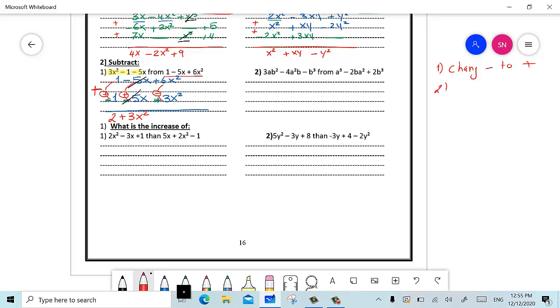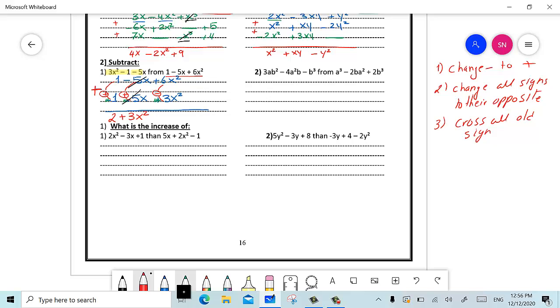And step number 2 I do is change all signs to their opposite. After I change all signs to opposite, number 3, cross all old signs. Why am I crossing all the old signs? In order not to get confused.